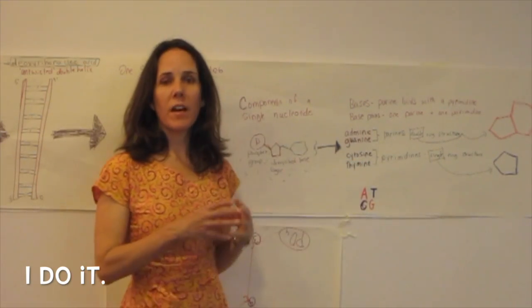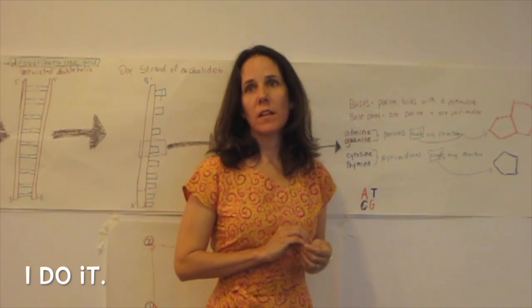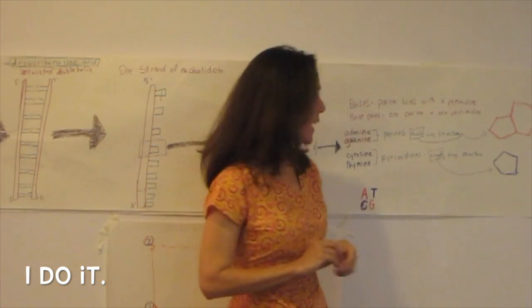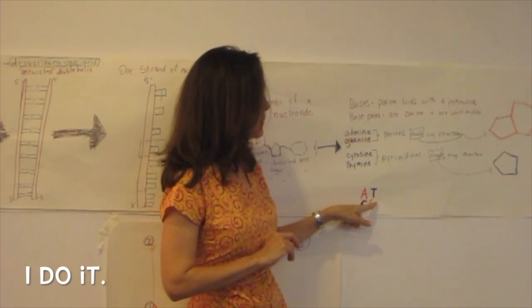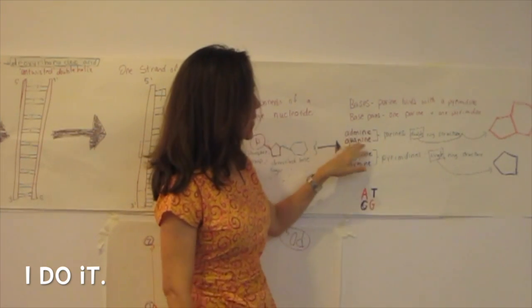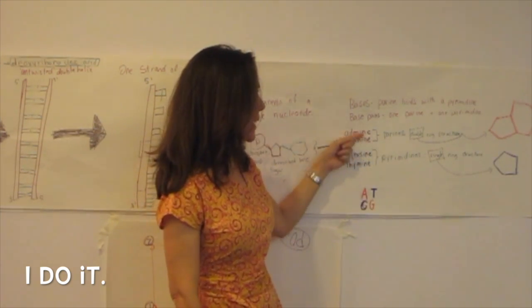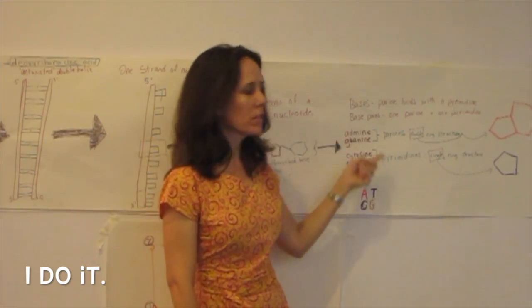Base pairing of the DNA always involves a purine joined to a pyrimidine. And in particular, adenine always pairs with thymine, and cytosine always pairs with guanine. The 2 purines that are present in DNA are adenine and guanine. So these are the 2 bases that have a double ring structure.